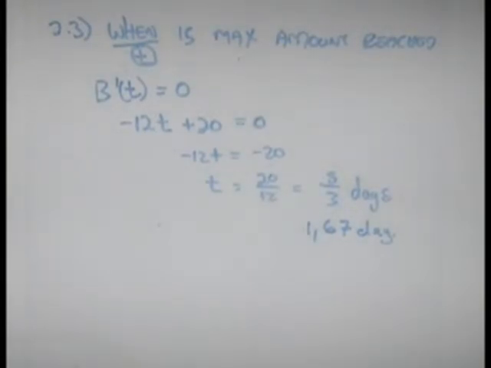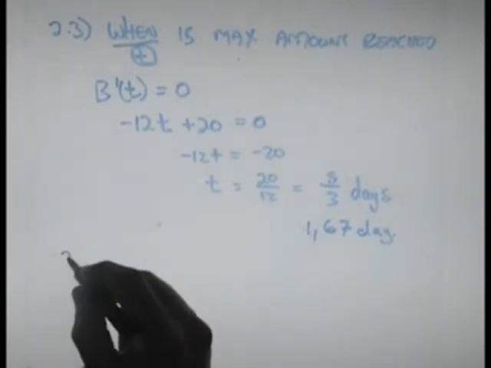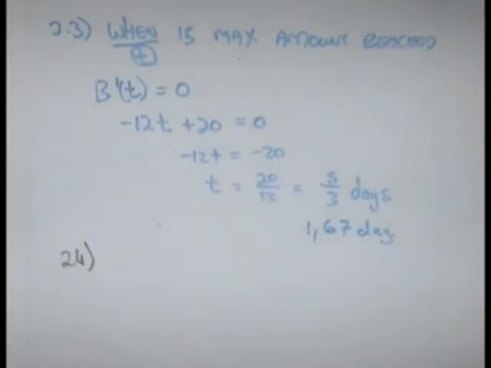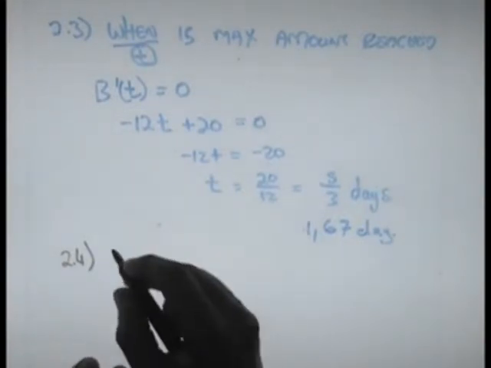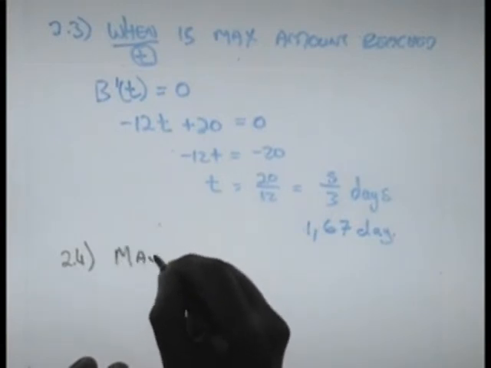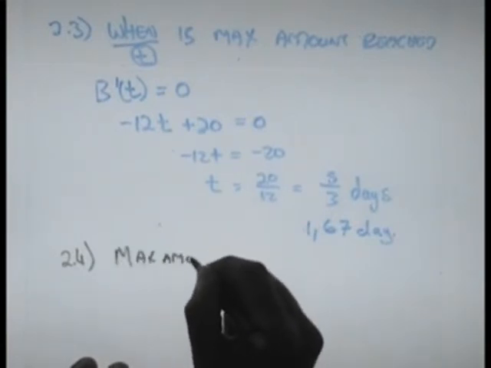The next one I asked, 2.4, and notice they all will usually follow this type of progression. 2.4, I then ask what is the maximum amount.